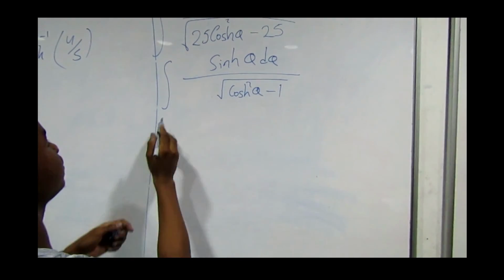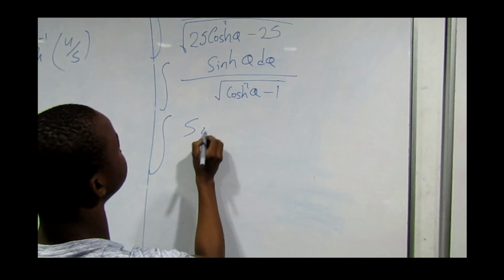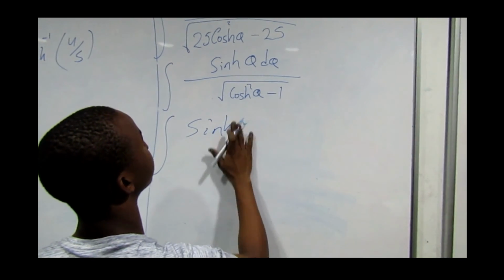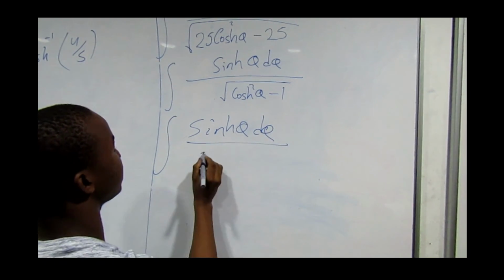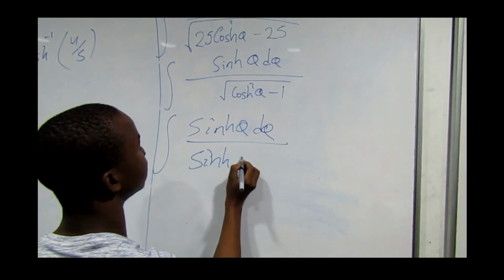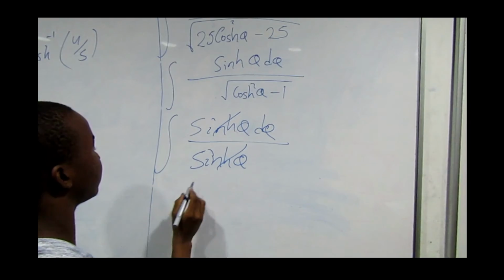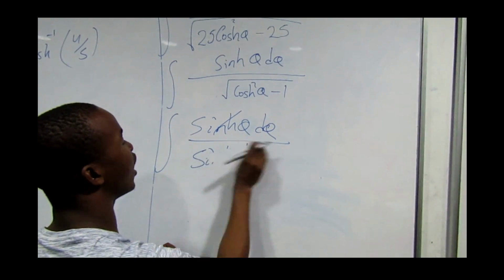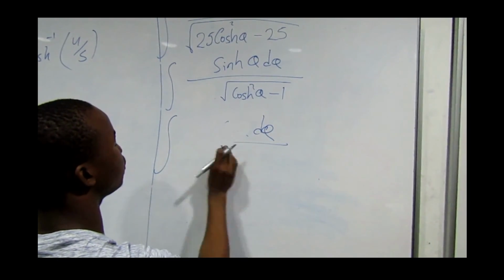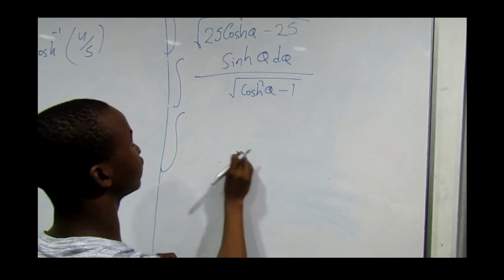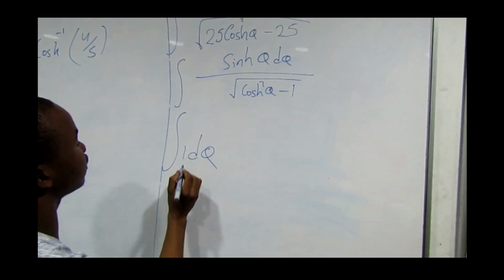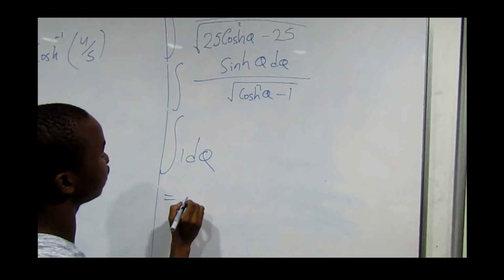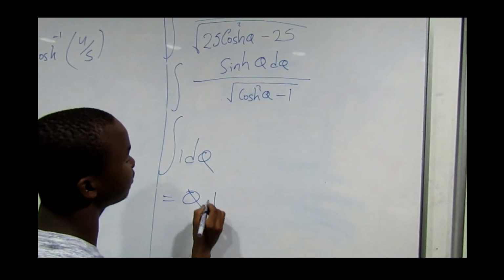It is going to be the integral of sinh theta d theta. We say this is going to be sinh theta, then this is going to cancel, and we are going to get 1. Then when we integrate 1, here it is 1, it's going to be theta plus c.